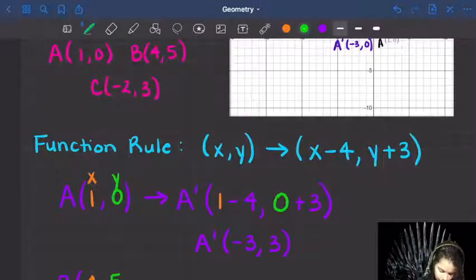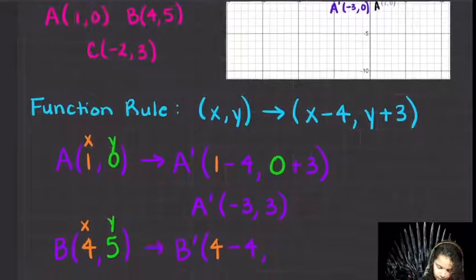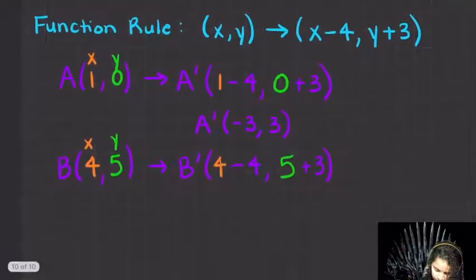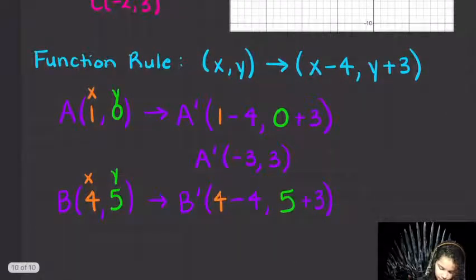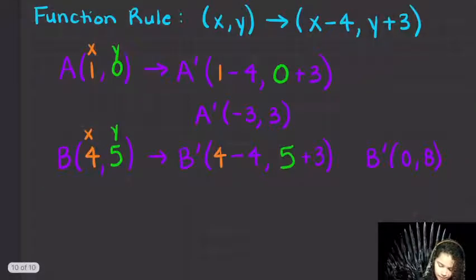So let's go ahead and try out point B, which is at 4, 5. And let's do our transformation to B prime. So we're doing 4 minus 4, 5 plus 3. So B prime, or the image, should be at 0, 8, which is exactly what we got in the picture as well over here.